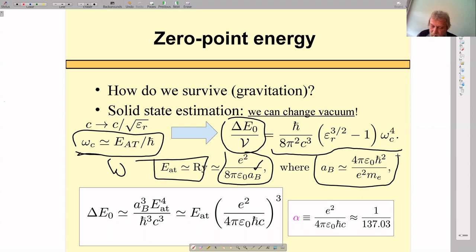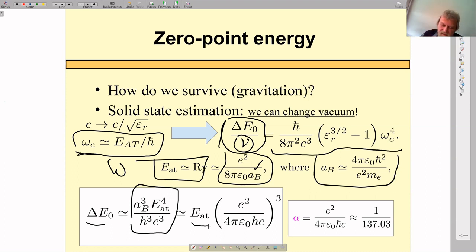What I want to do is to compute this energy change at the scale of an atom. So I substitute the atomic volume here. And the resulting expression I would like to compare with atomic energy by itself.